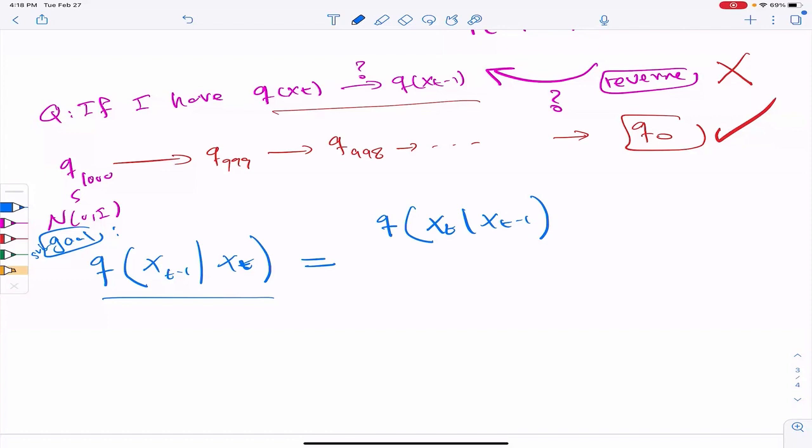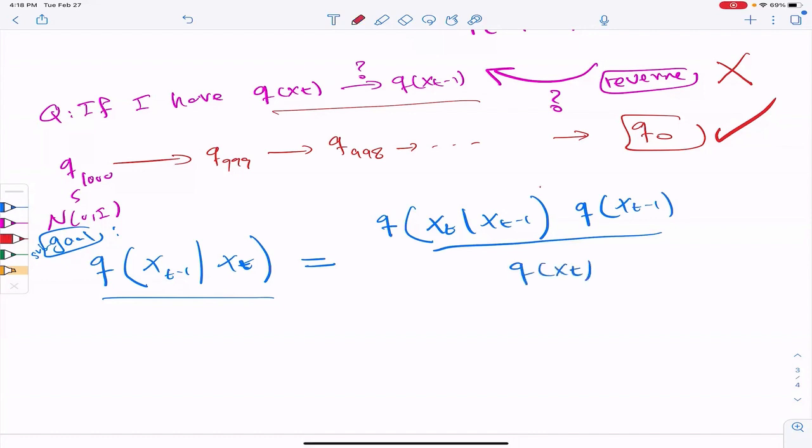It's Gaussian noise. It's a noise that I'm adding to my data, right? So I'm very happy at this point. There's one term in the Bayes rule that's in my favor. Then I need to multiply it with q(x_{t-1}), and divide it by q(x_t).